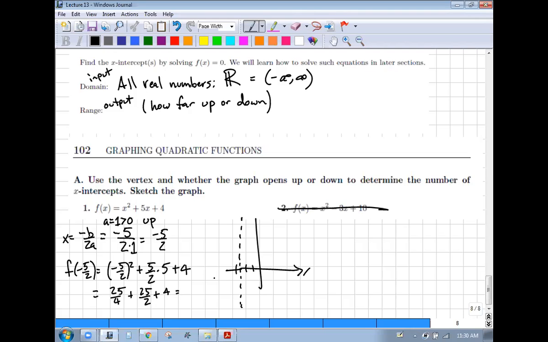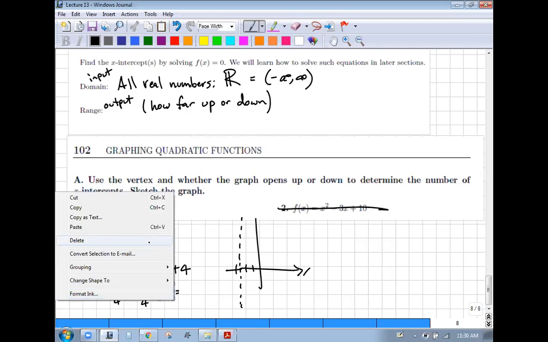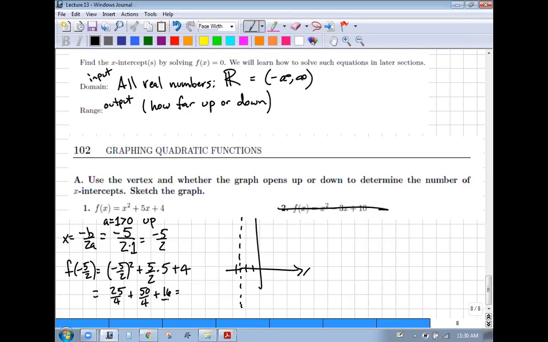Okay, so if we turn this into fourths, 25/2 is 50/4, and 4 would be 16/4. So we have 75, 85, 91/4. My calculator.